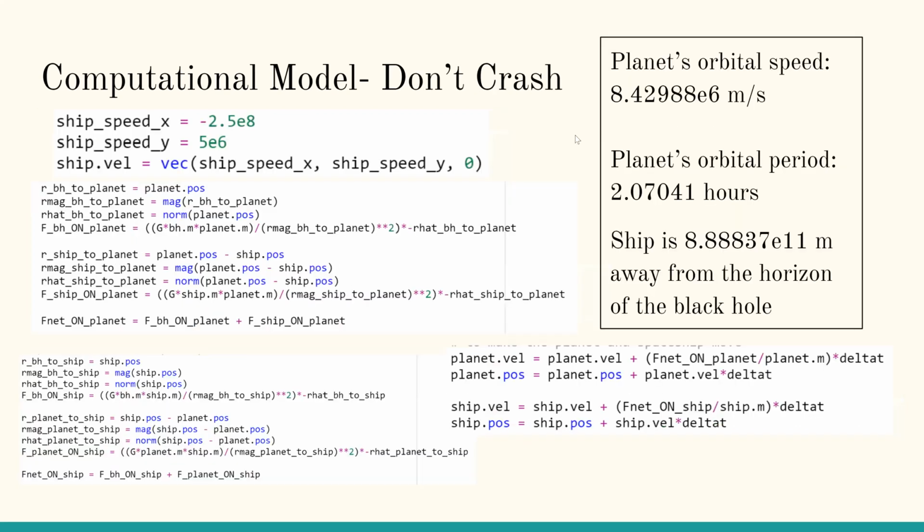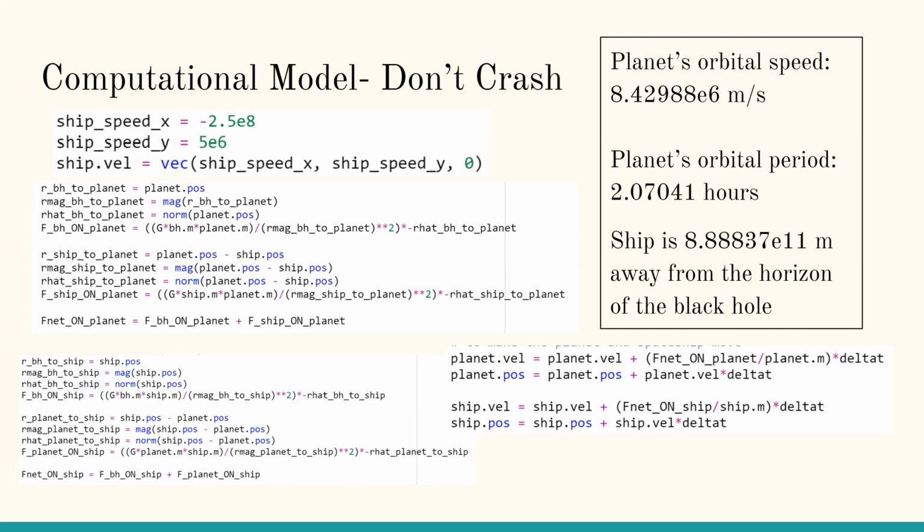In the second part, we were trying not to crash into the black hole. So we had to play around with the initial velocity of the spaceship so that it would get close to the black hole but not crash into it. On the screen are the initial velocities that I got in the X and Y direction in meters per second, in the green at the top there.